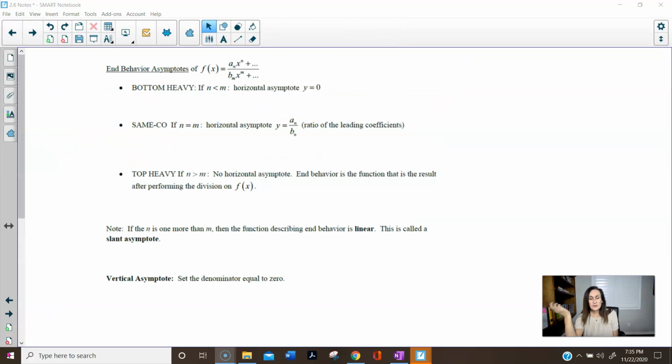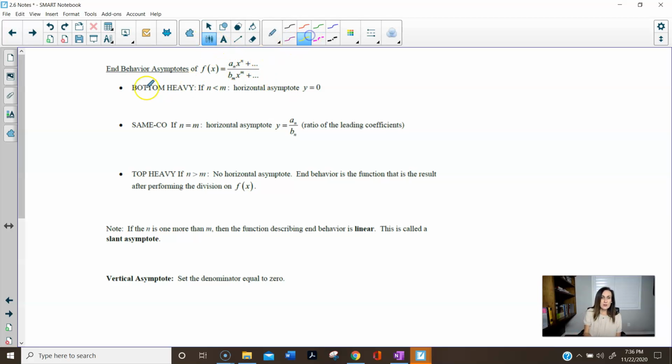So because graphs approach asymptotes, we can predict end behaviors. So ends are what are happening to the ends of the graph. We can predict those by looking at the asymptotes. So let's talk about asymptotes. There are two types of asymptotes. We're going to talk about a horizontal asymptote and a vertical asymptote first.